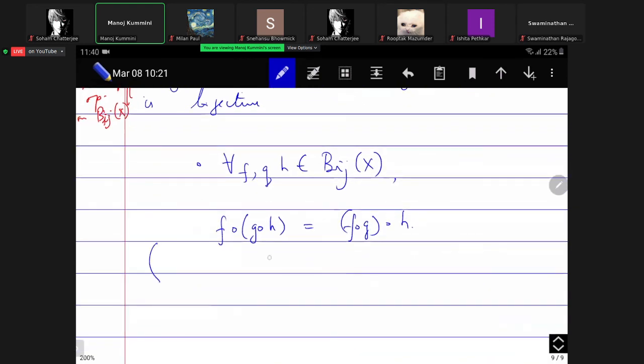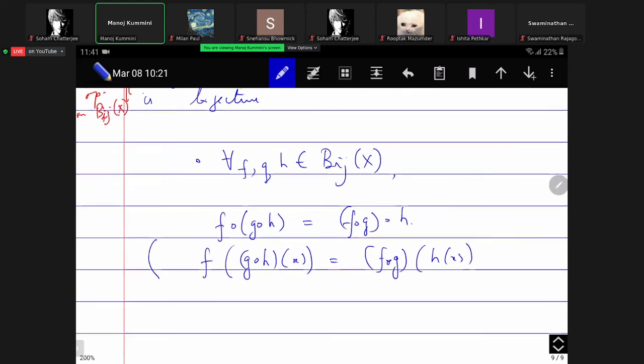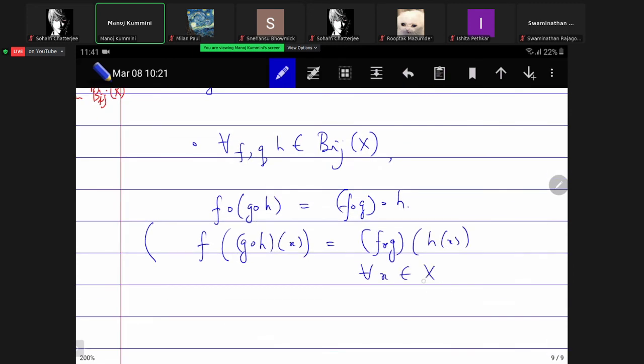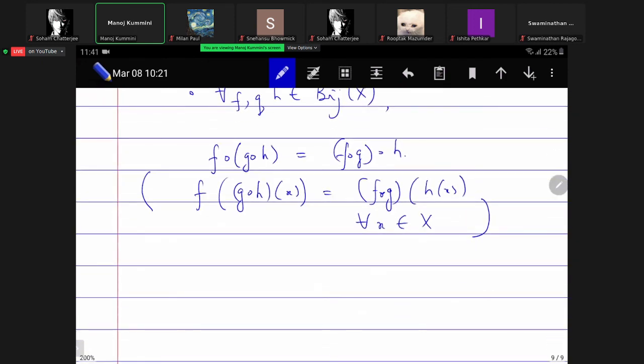This is to be checked on every element of X. It means that f of (g composed with h)(x) equals (f composed with g)(h(x)) for all x in X. That's how we say two functions are the same: they agree on all inputs.